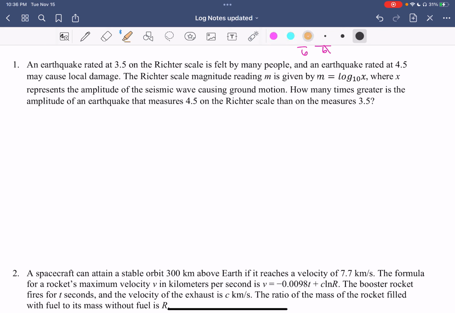Okay, so there are two different earthquakes happening, and there's different variables. So they tell you the Richter scale magnitude reading is M, and M is this equation. Then they tell you that x represents the amplitude of the seismic wave. Then they ask how many times greater is the amplitude of an earthquake that measures 4.5 on the Richter scale.